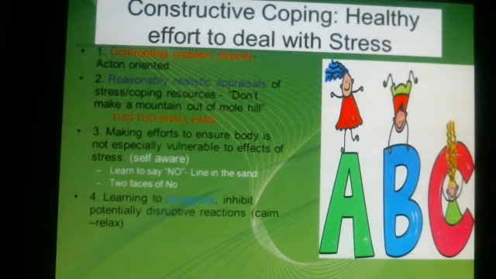Okay, learning to recognize the stress is a little bit different than being self-aware. Self-aware is when you're listening to your body and the effects of that. Recognizing it is learning to look at the outside part, not internally at yourself, but learning to look outwardly and to see what's going on around you a little bit. Learn to see those disruptive reactions coming towards you.